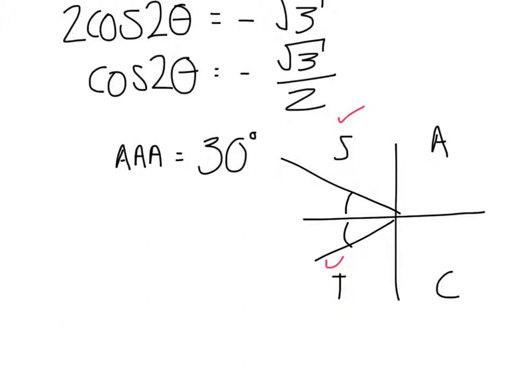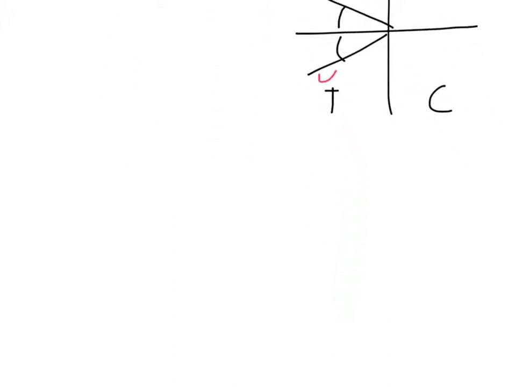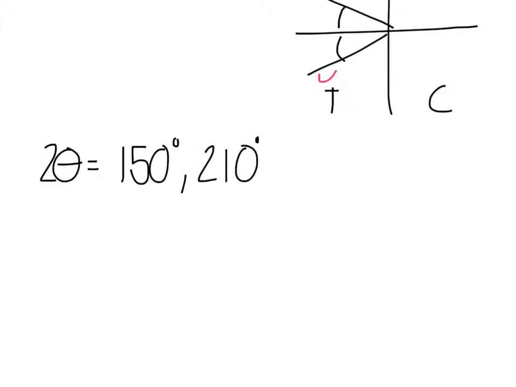So our angle 2 theta, 180 take away 30 is 150, and 180 plus 30 is 210.